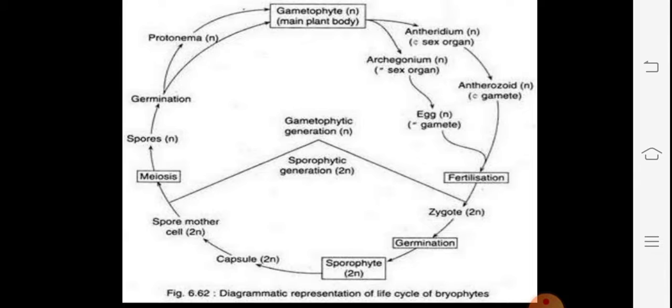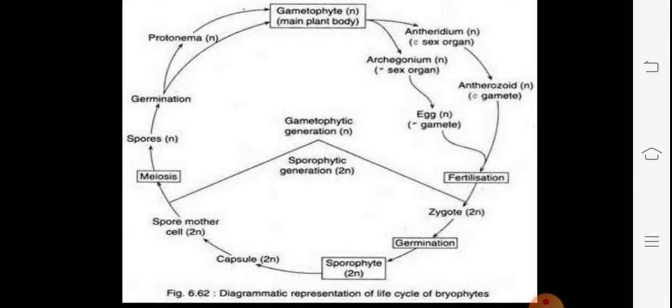So gametophytes generally develop the antheridium and archegonium, male and female. Antheridium develops antherozoids, archegonium develops the egg, fertilization gives the zygote which is diploid. After germination it gives the sporophyte, 2n, or there is the formation of the capsule.